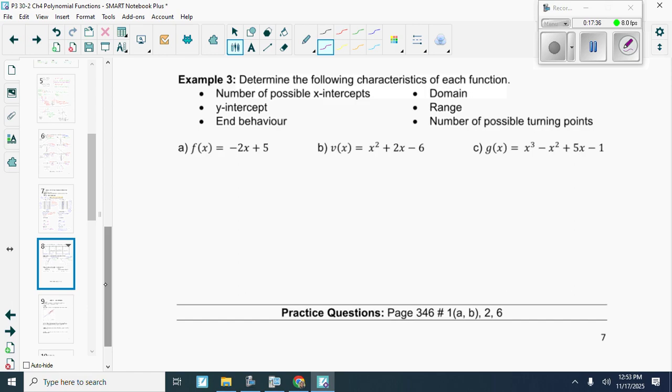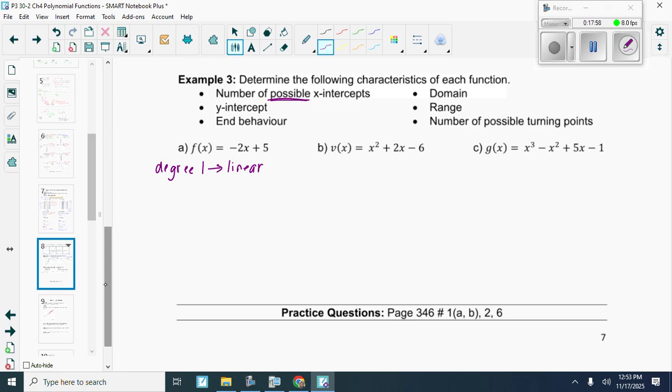What degree is A? Degree 1, which means what kind of function is it? It's linear. Guys, how many possible x-intercepts in a linear line? 1. It says number possible.